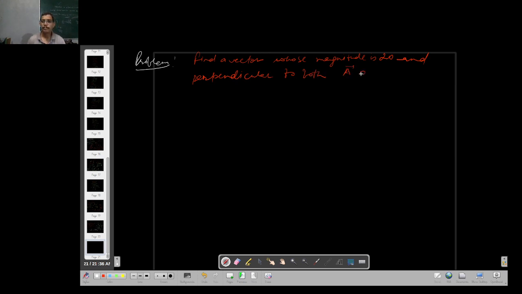So let us consider a problem where we have to find a vector whose magnitude is 20 and which is perpendicular to both A and B, where A is 6i cap plus 9j cap and B is equal to minus 2i cap plus 7j cap.